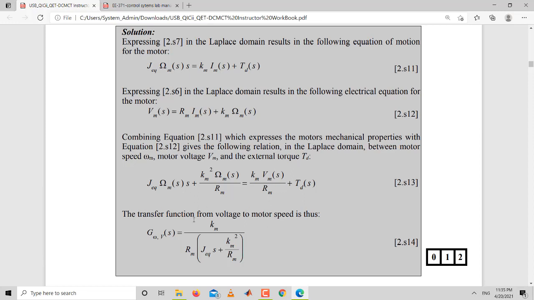This is the final form of the expression, which we call the transfer function of the motor from input voltage to motor speed: K divided by R into J equivalent S plus K square by R.